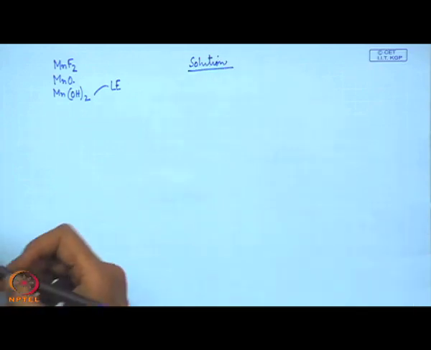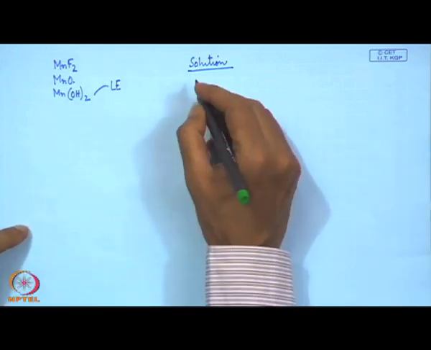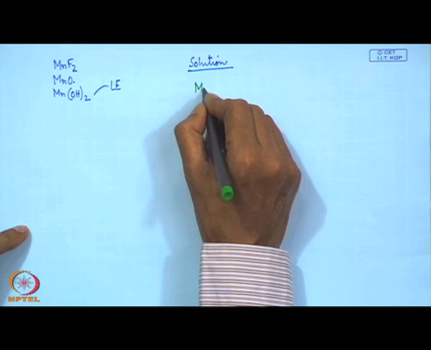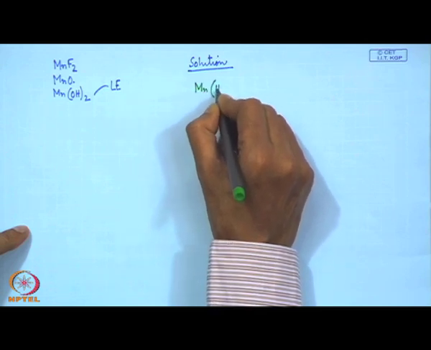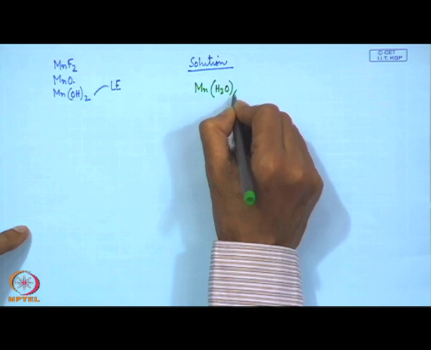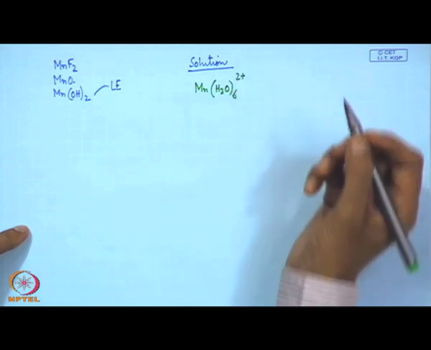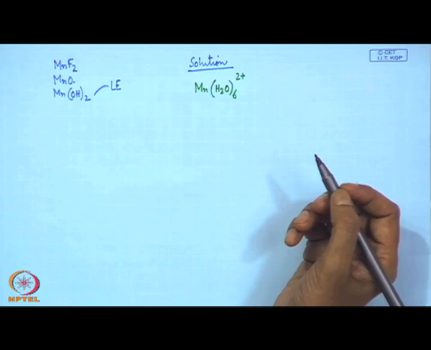another thermodynamic parameter which is very important when we just see the corresponding interaction, that means the formation of manganese hexa-aqua species, where manganese is present in the bivalent state.